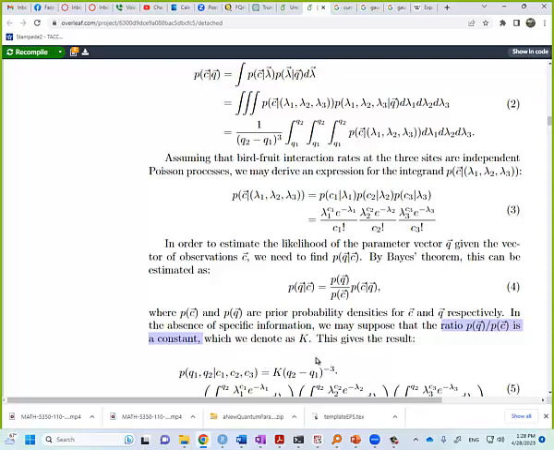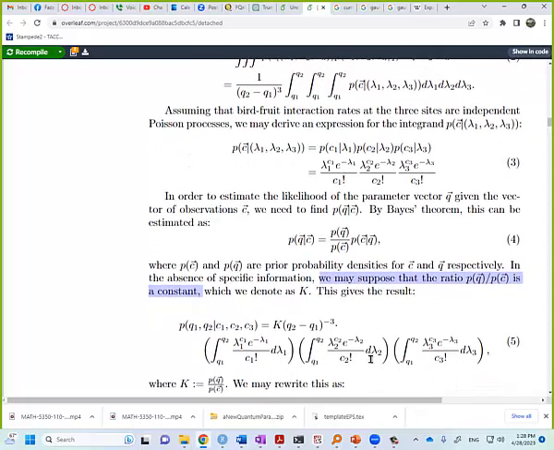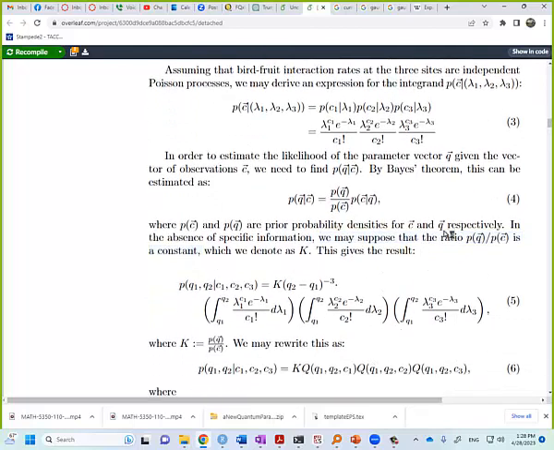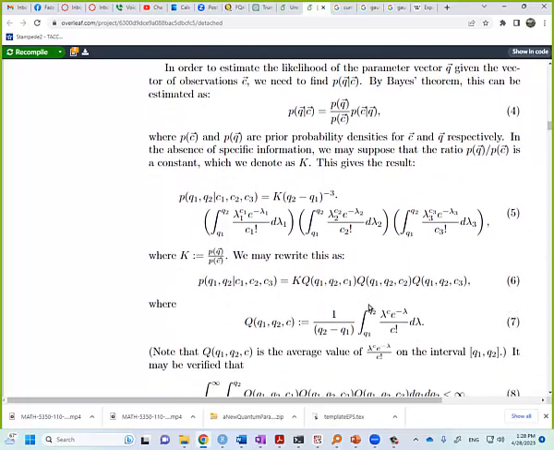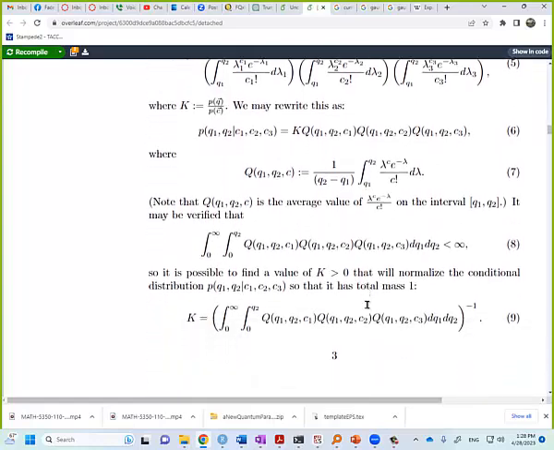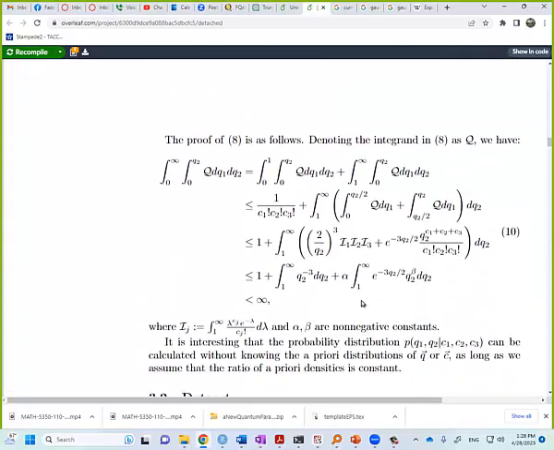If you have more information, then you may make some other assumption. When you don't have information, usually the only assumption you can make is that it's a constant. We have previous information and we can include it, but right now we don't really. Maybe we can get something.